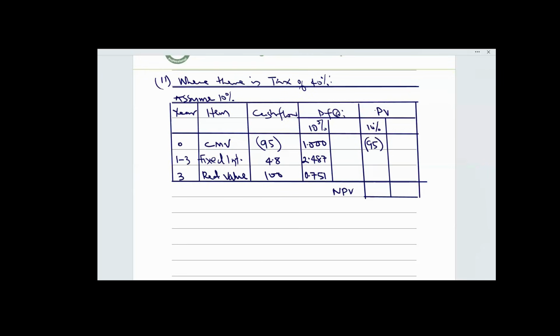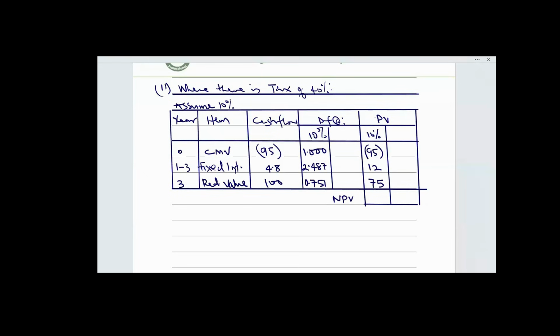Then 4.8 multiplied by 2.487 is 11.94, rounding 12. Then 100 multiplied by 0.751 will give us 75. 75 plus 12.